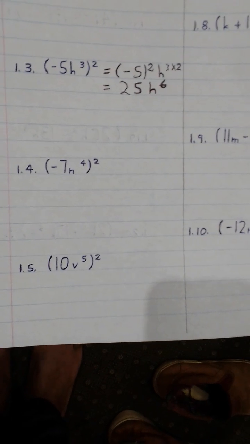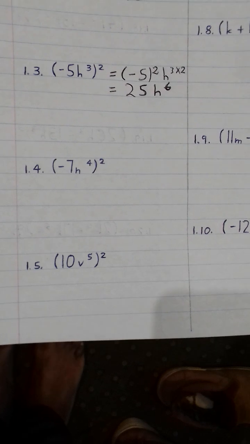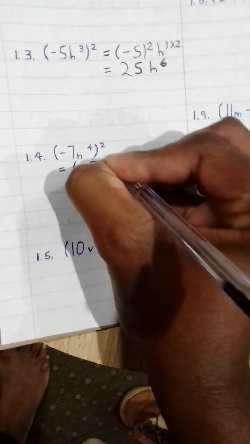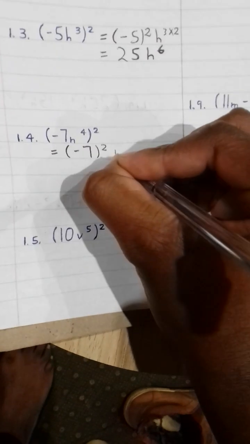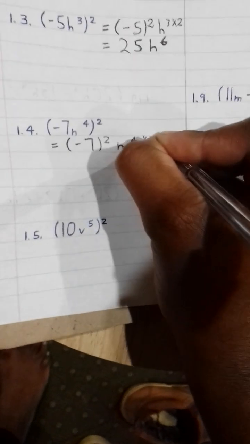1.4, open bracket, negative 7n to the power of 4, close bracket to the power of 2. So this is going to be negative 7 to the power of 2, n to the power of 4 times 2.